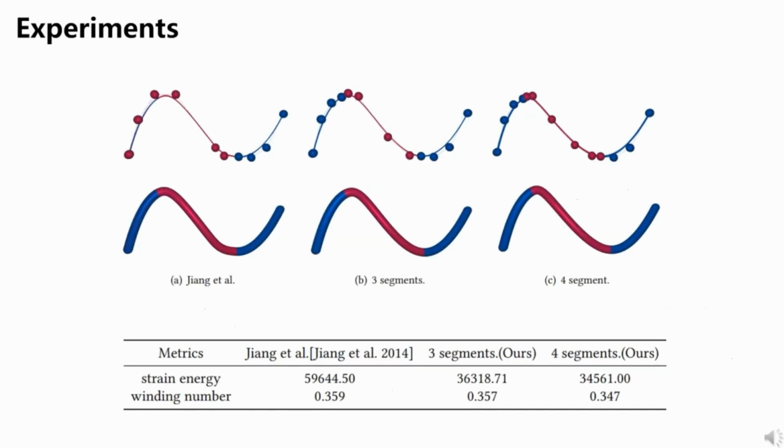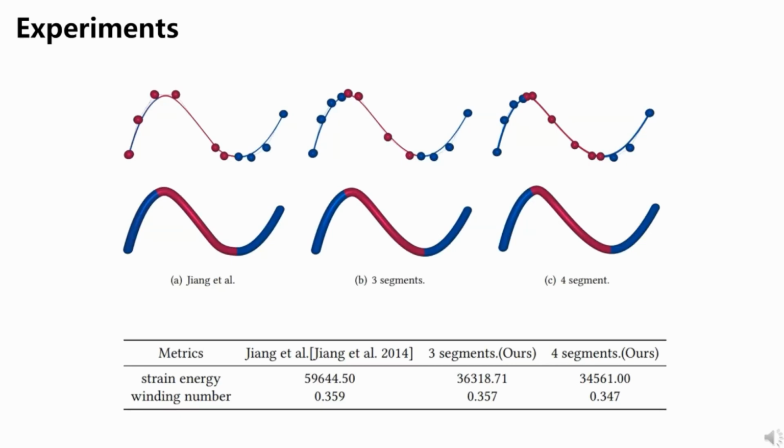Next is the experimental part, where we performed 3 experiments. In the first experiment, we compared the blending effect of the previous method with that of our method, using a 3-segment and 4-segment. It is important to note here that because of the continuity condition, the blending part needs at least 6 control balls, which is equal to the 3 segment.